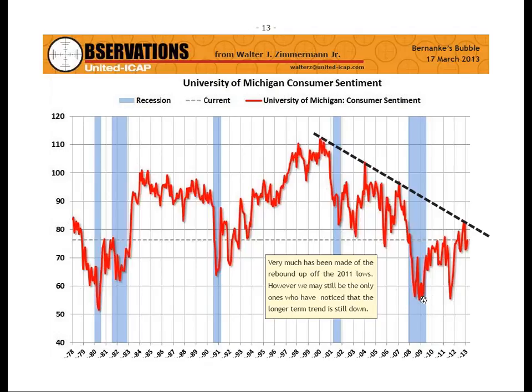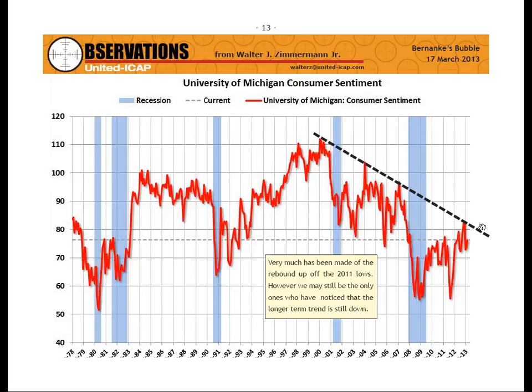Most recently, we've had a big rebound from the lows of 2009 to 2011. There was a double bottom in consumer sentiment, and then the rebound from 2011. But while everybody was celebrating this rebound, we were pointing out that, hold on, put the cork back in the champagne. This is still a downtrend. This is still a series of lower highs.